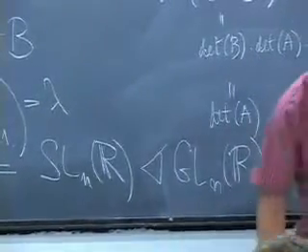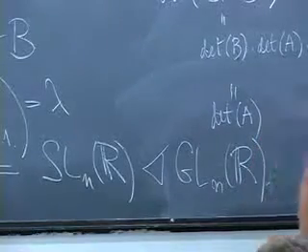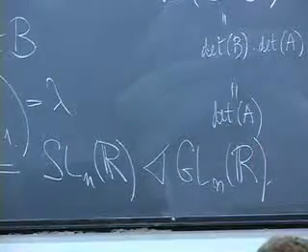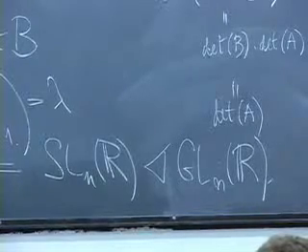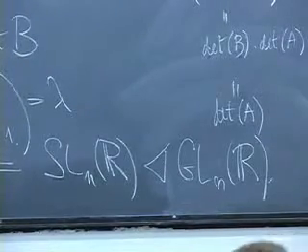Okay? Now let's do a little bit more serious homomorphism. This is an extremely important homomorphism in group theory. We have two general groups that we know about, GLn and Sn. So we should have a homomorphism between them.